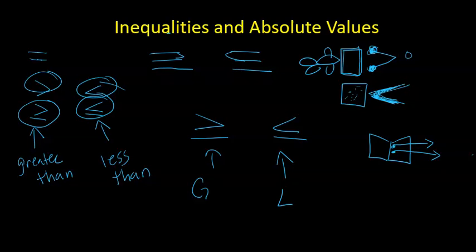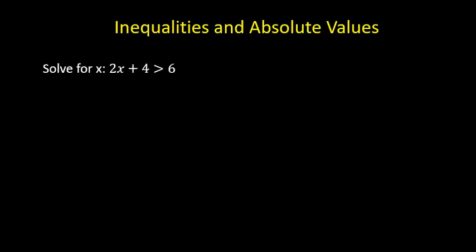So with inequalities, it's pretty straightforward. It's stuff you've done before. This says solve for x, and you have 2x plus 4 is greater than 6. All it's asking you to do is isolate x. So you're going to throw the 4 over, you're going to throw the 2 over, right? You just treat this like an equal sign.